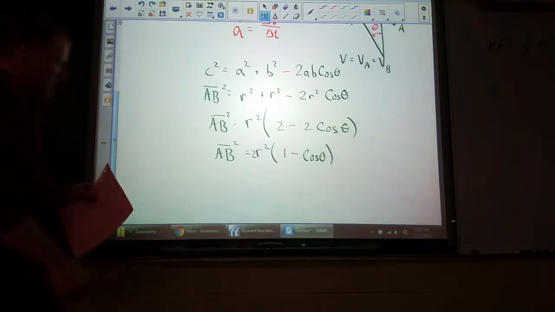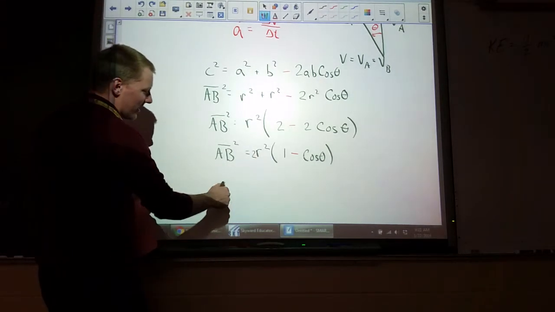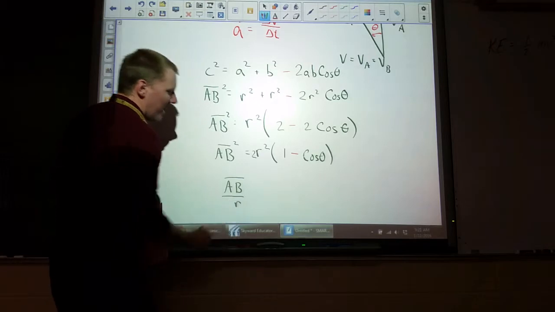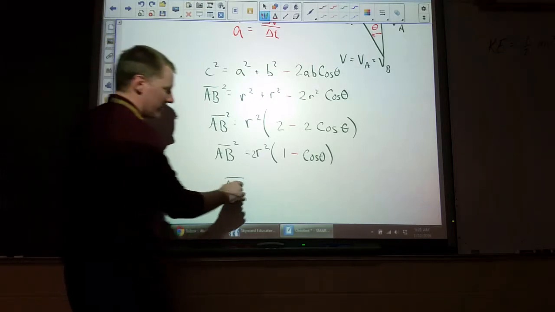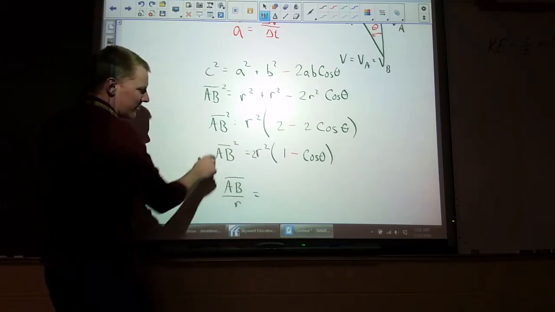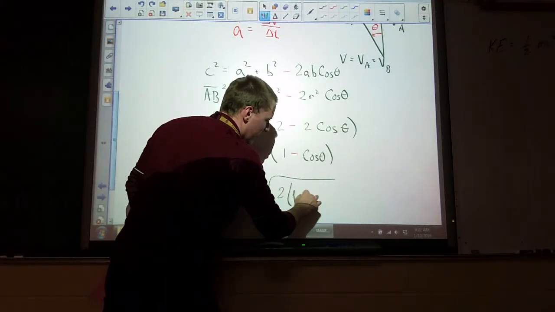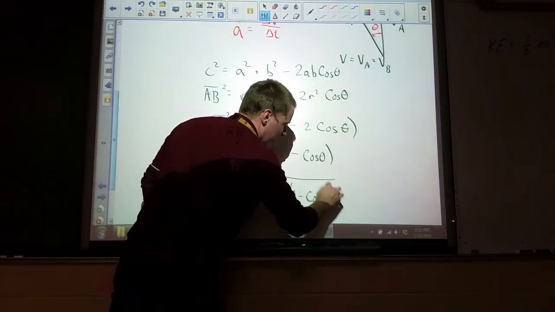Okay. So I'm going to divide both sides by the r and take the square root. So that would get rid of the 2 squares, but it'd leave a square root over here: 2 times 1 minus the cosine of my angle.